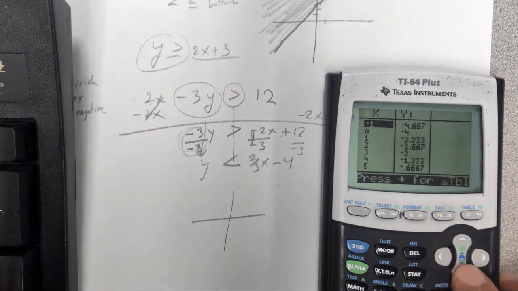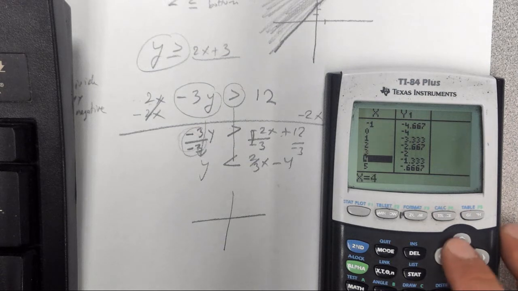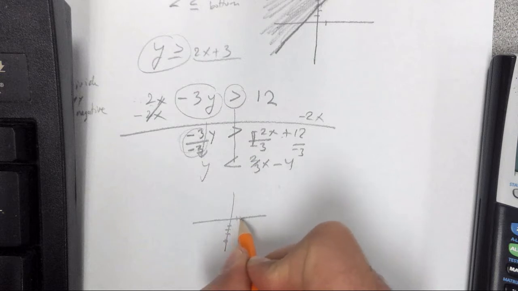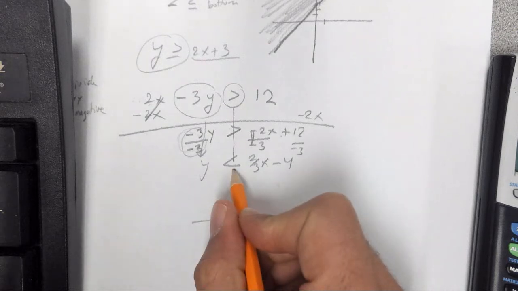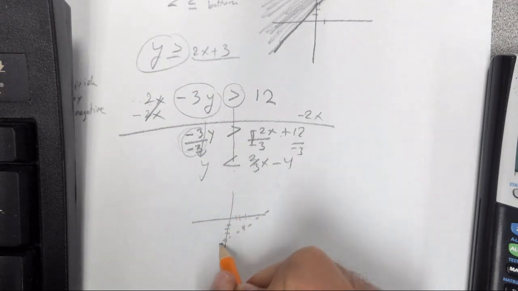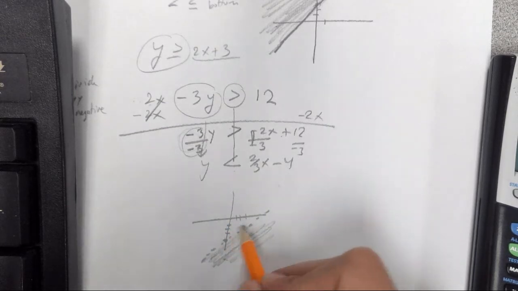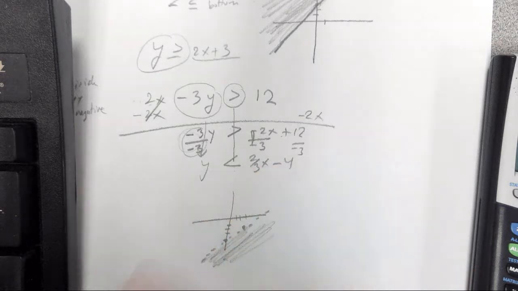Go to the table. 0, negative 4. 3, negative 2. This is a dashed line. Choose a shade: less than, you shade the bottom. So a huge difference between where you shade because you flip the inequality.